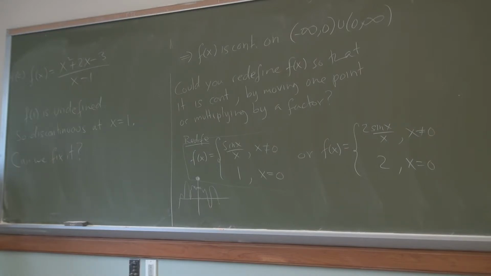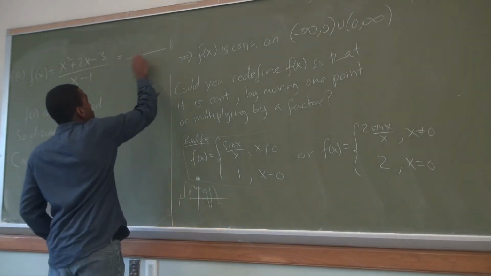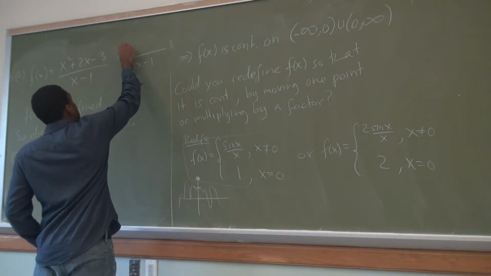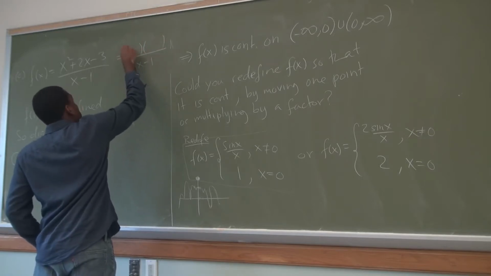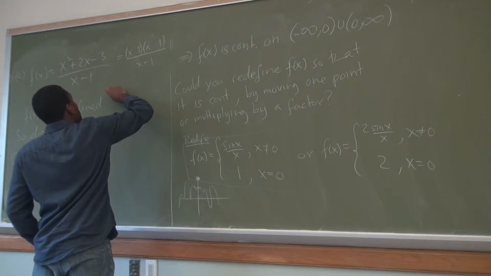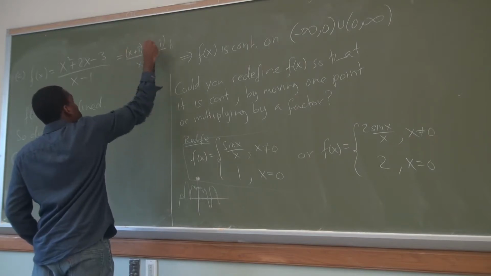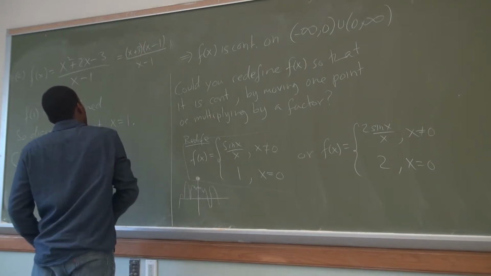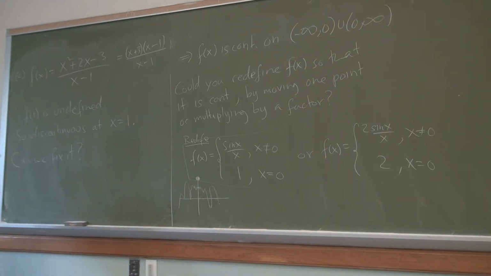How would you redefine the function? Well, you can realize that this numerator is actually x plus 3 times x minus 1. So this would cancel, and you have x plus 3. Does that give you a hint as to how to redefine this?